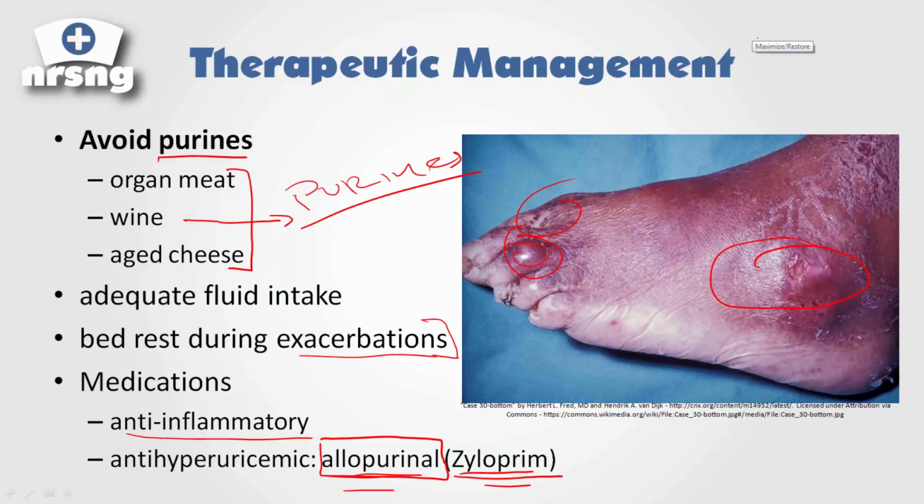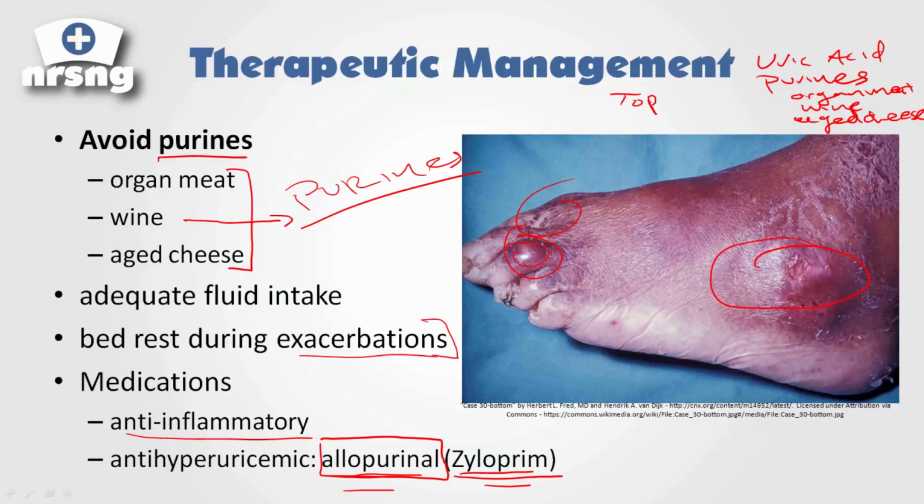Okay. So the things I want you to keep in mind with this are uric acid, purines, which are going to be like organ meat, wine, aged cheese. There are others, of course, too.